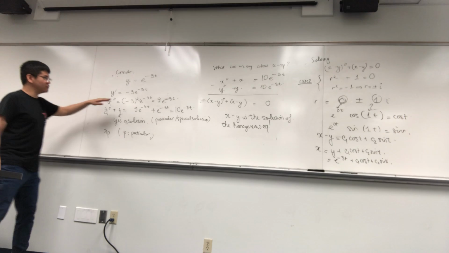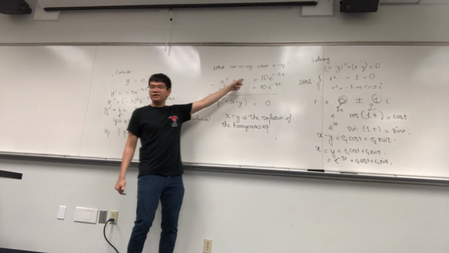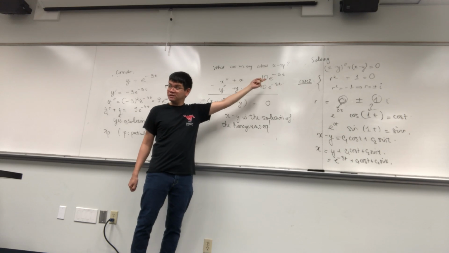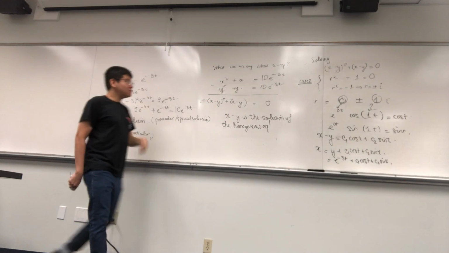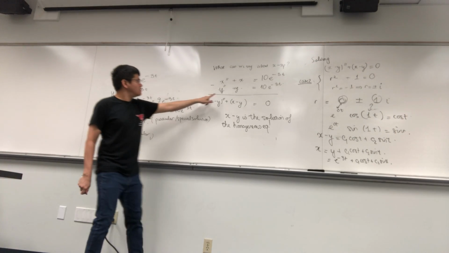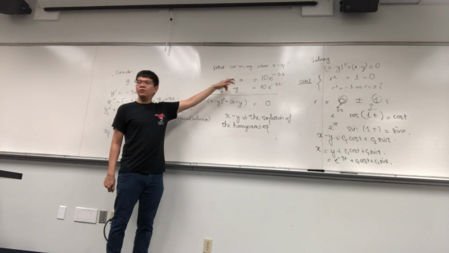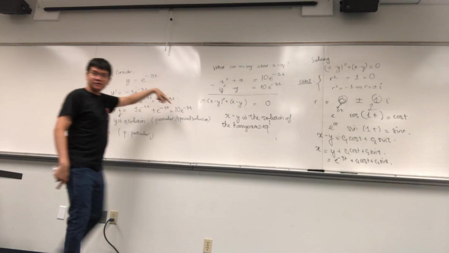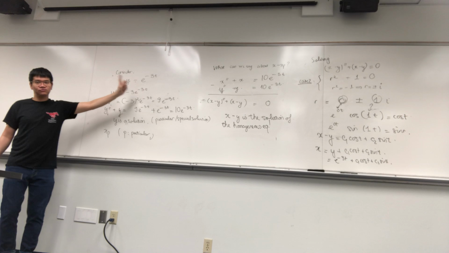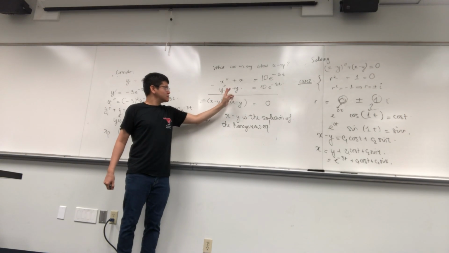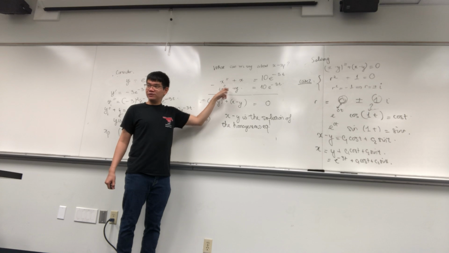So the key here is the following. I want to solve this equation: x second plus x is 10 times exponential of minus 3t, right? Suppose that I can find one solution only. In this case, it is exponential of minus 3t.